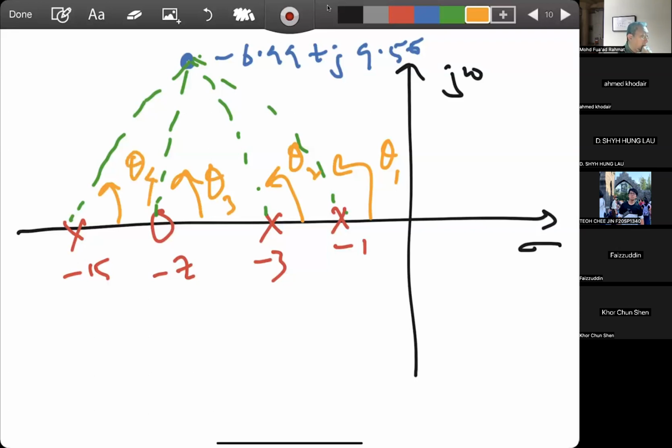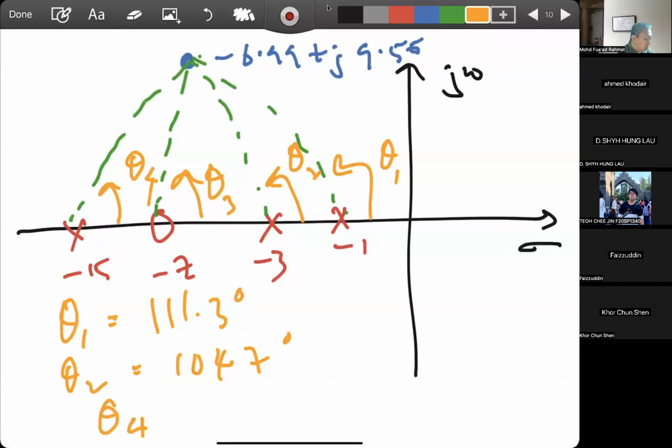So measure the angle. If you measure the angle, theta 1 will give you 0.3 degrees. Theta 2 will give you 104.7. Theta 4 is 81 degrees. Okay.